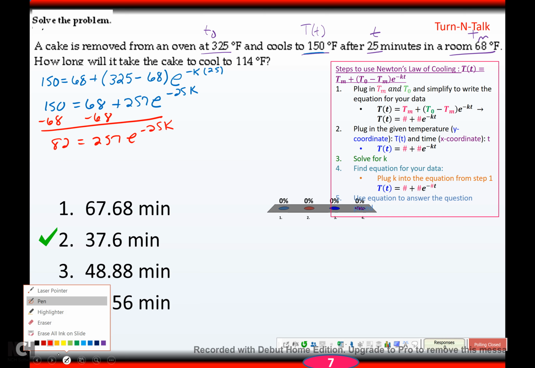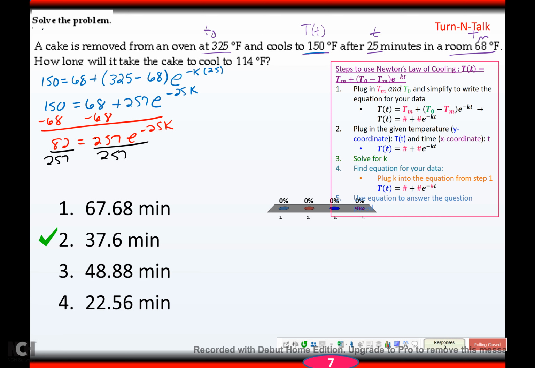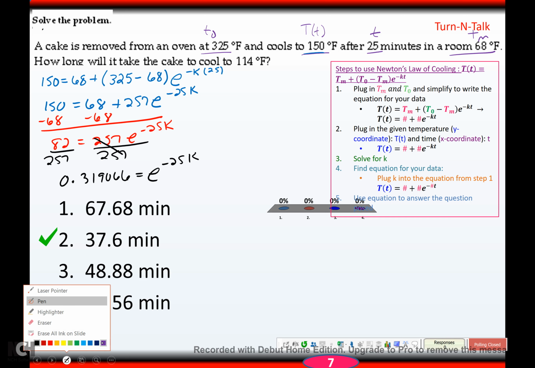Divide by 257. I get 0.31906 and so on equals e to the negative 25k. I got my variable in the air, so to get it down I'm going to have to natural log both sides.